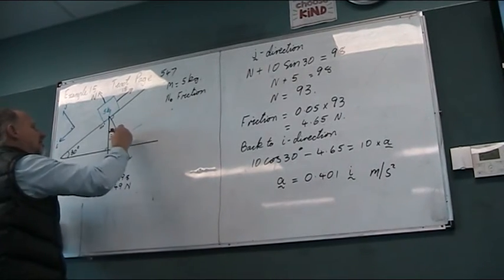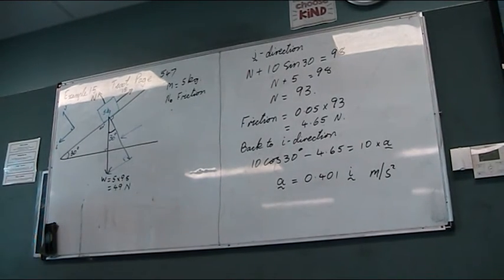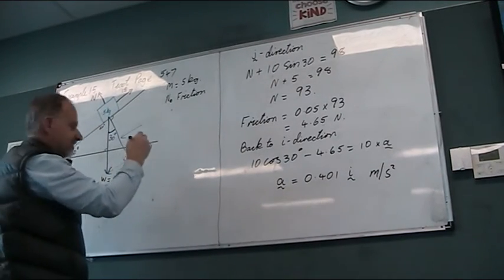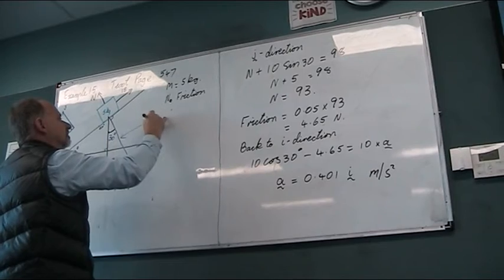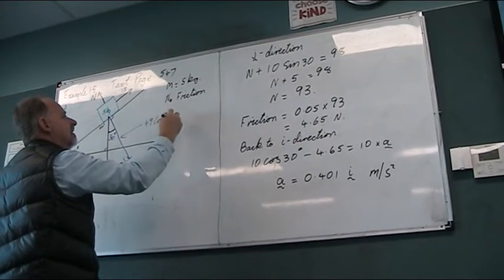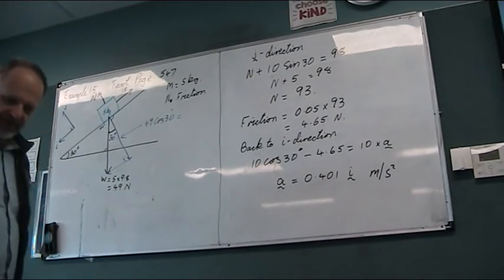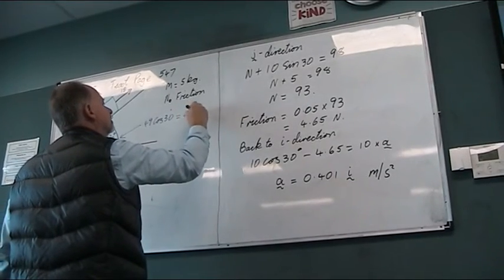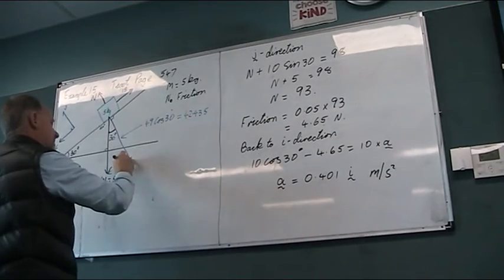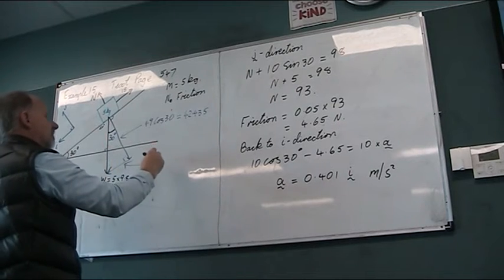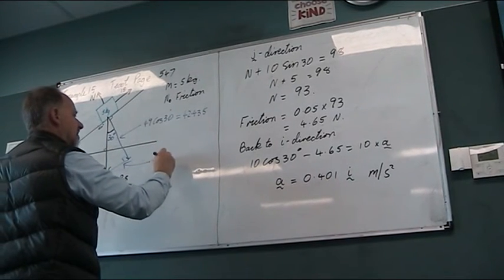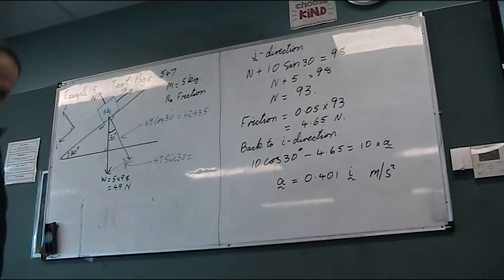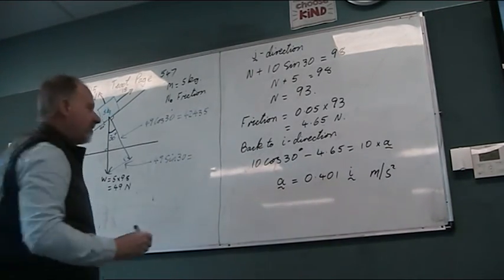This component there is adjacent to the angle, so that's cos: 49 cos 30, which comes out to be 42.435. And this one down here is opposite to our angle, so that's 49 sine 30, which comes out to be 24.5.